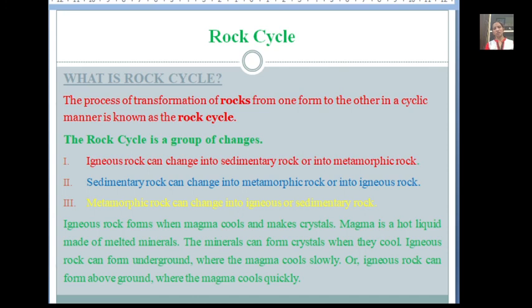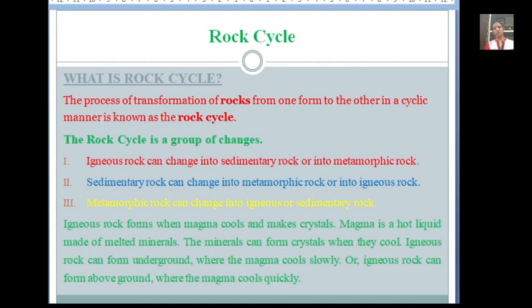For example, when erosion of igneous rocks takes place, it is converted into sedimentary rocks because sediment is generated, and the physical elements deposit these sediments in another place, and it becomes hard over a period of time, and it becomes sedimentary rocks.